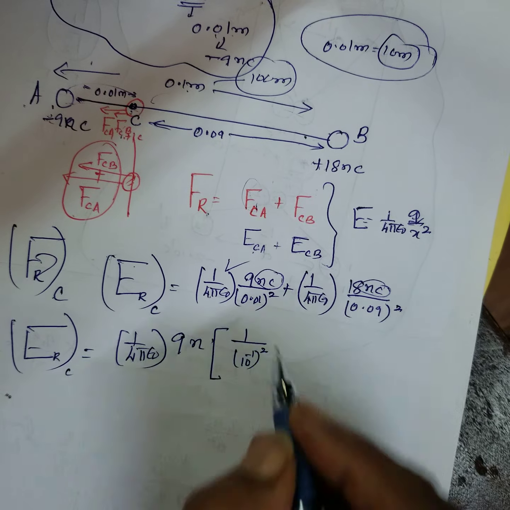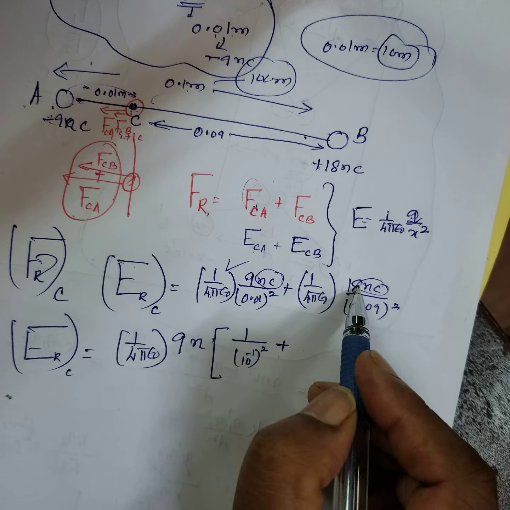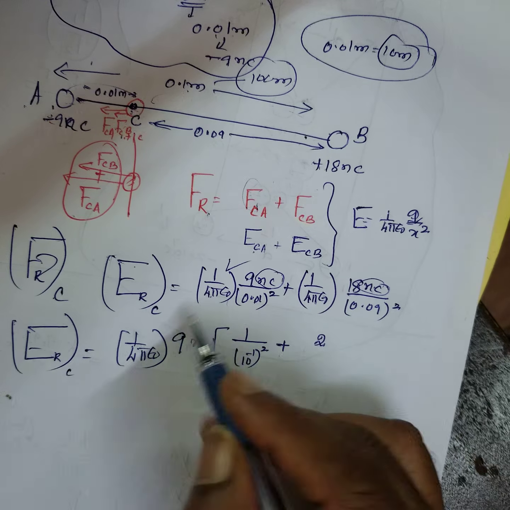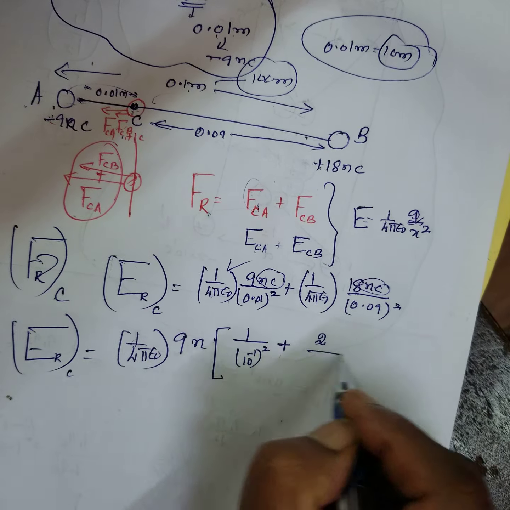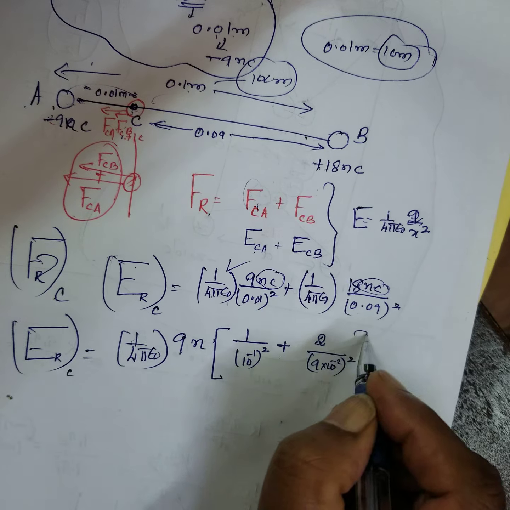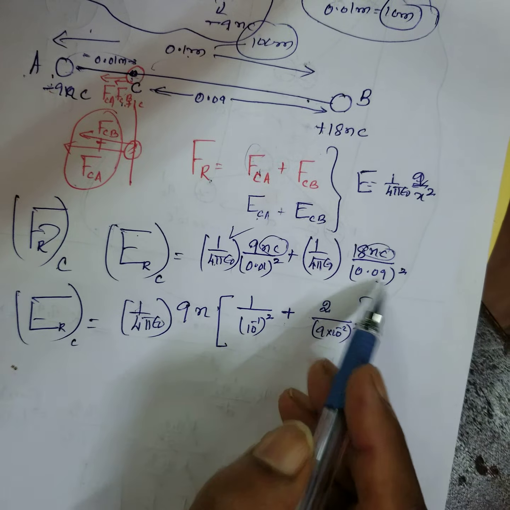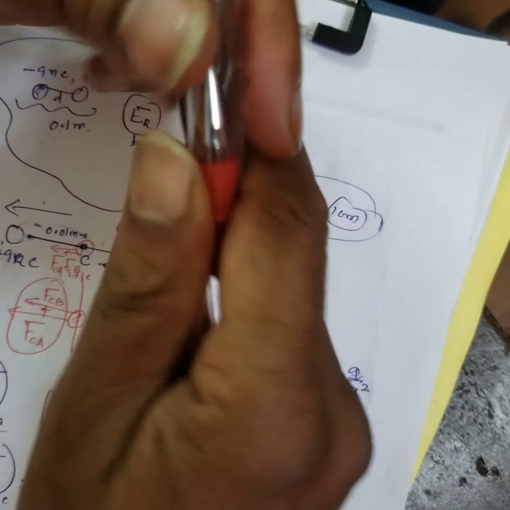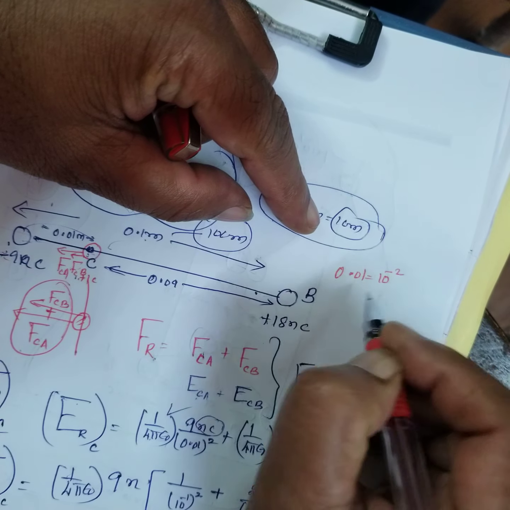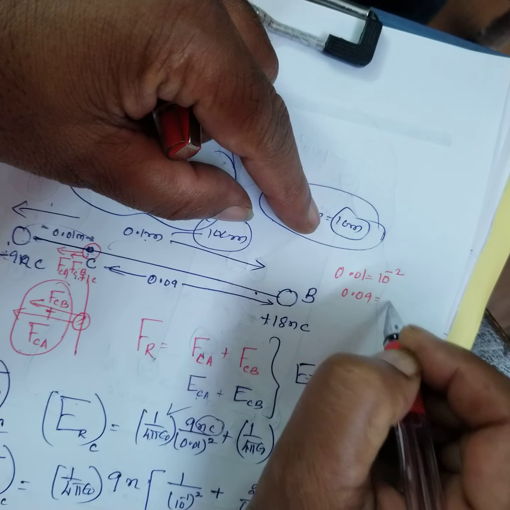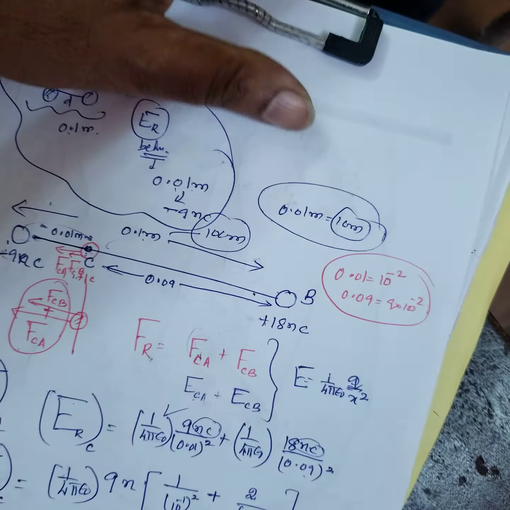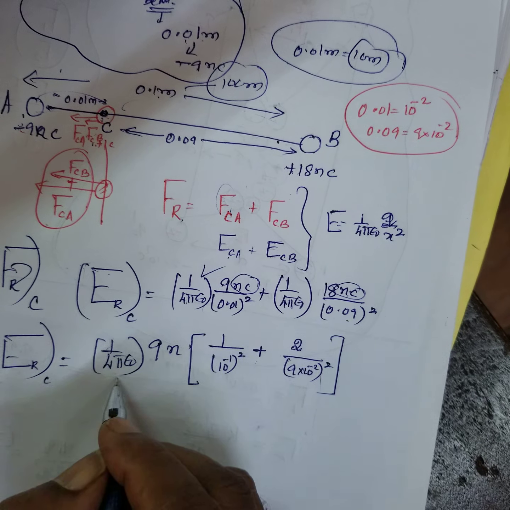Here I have taken 9 nano out of 18, leaving 2, and 9 into 10 to the power of minus 2 whole square. You have to be very careful: 0.01 means 10 to the power of minus 2, and 0.09 means 9 into 10 to the power of minus 2.